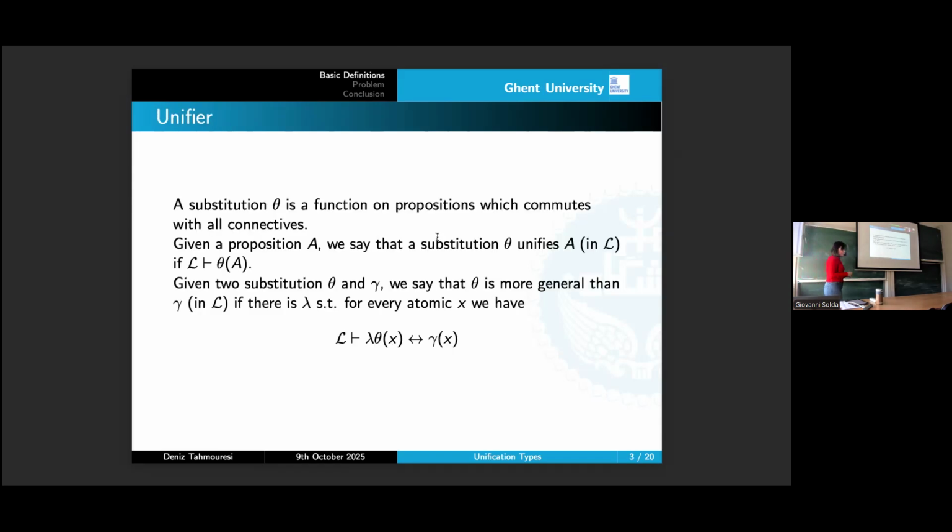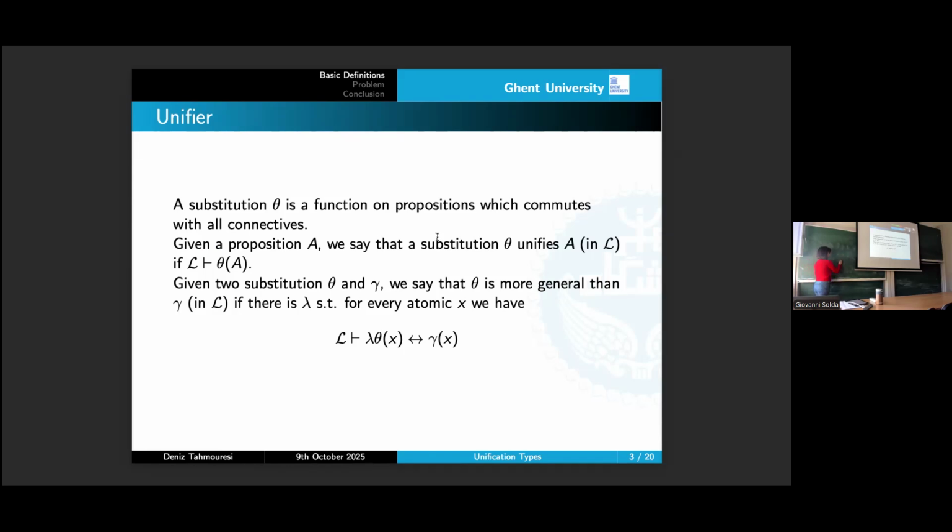Let me give you an example. We have a formula with x and y as variables, and we want to give them values that make it a tautology.